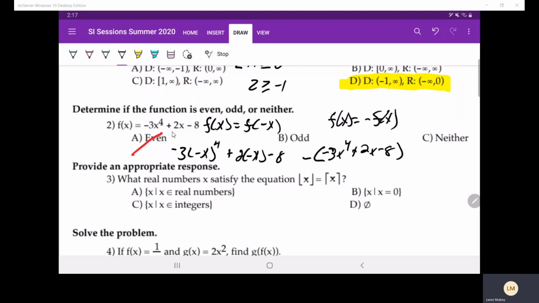I was wrong. Negative f of negative x. There we go. I knew that seemed fishy.